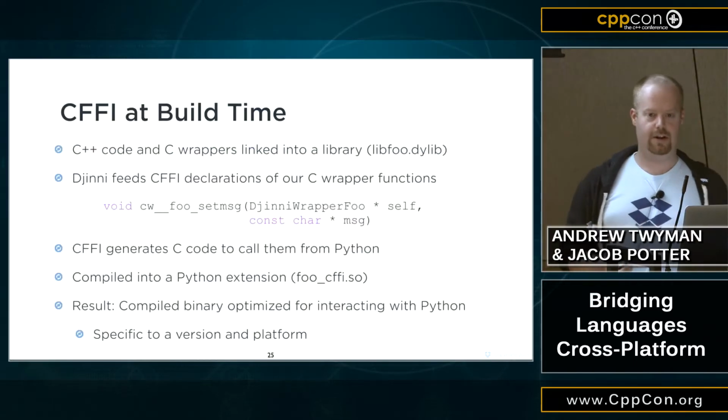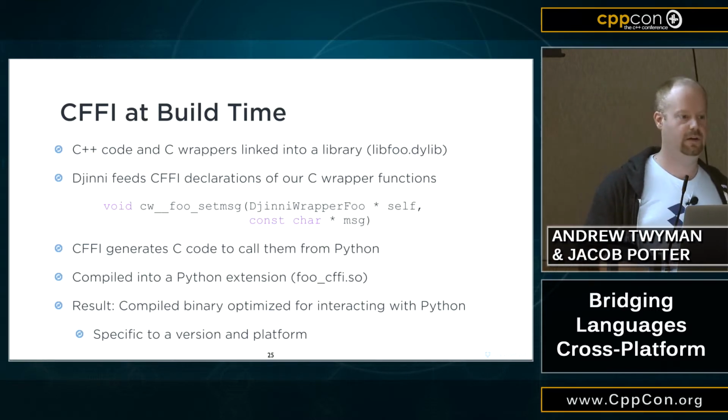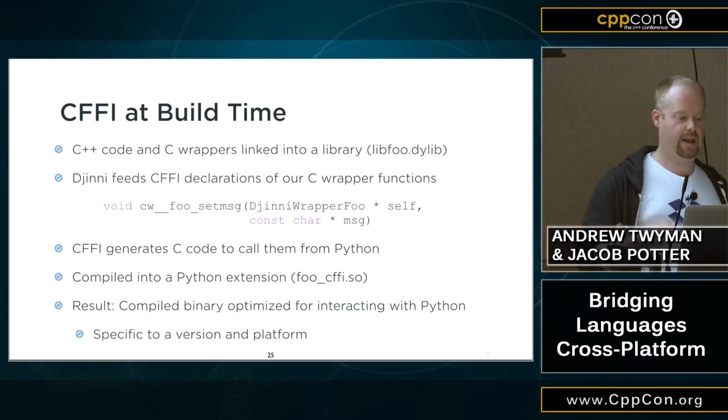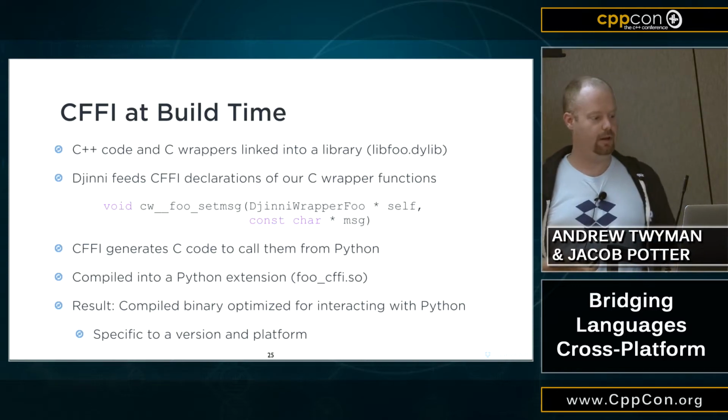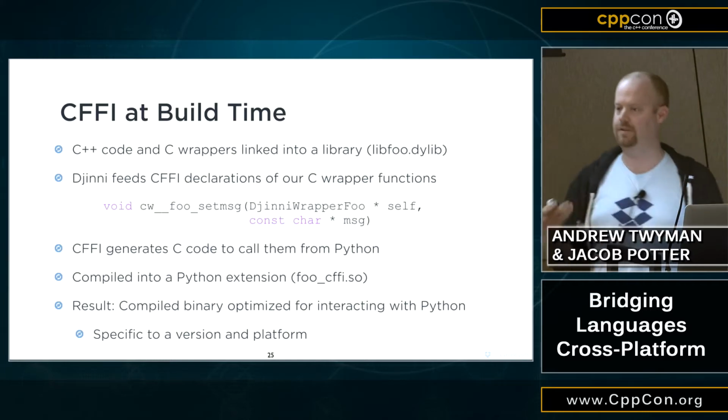CFFI, being a code generator itself, has some build time inclusion in your build process as well as at runtime. So you take your C++ code and the C wrappers that Djinni generated for you, build them all together into a library. Djinni generates some code that will feed CFFI the declarations of all the functions it needs to call.